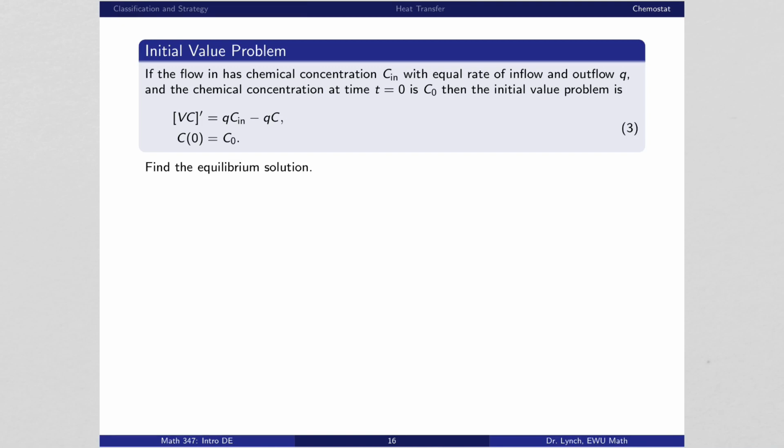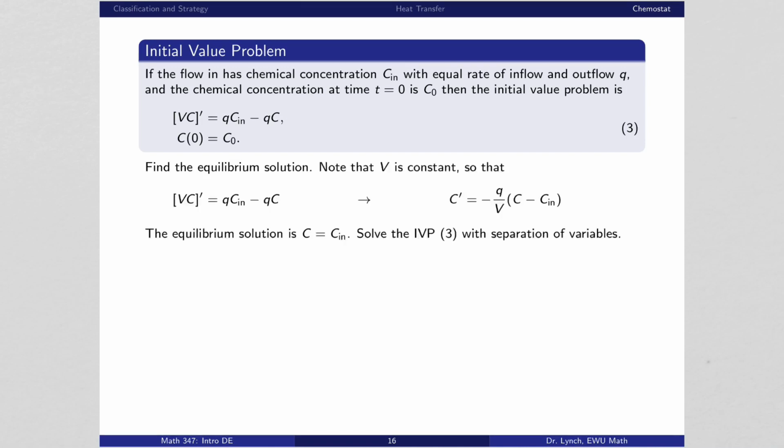In addition to being separable, this differential equation ends up being autonomous, and similar to last time, we can find the equilibrium solution. Here the equilibrium solution is C equal to C_in, and the interpretation is that when the concentration in the tank is the same as the concentration coming in, we wouldn't expect the concentration in the tank to change. That makes sense.